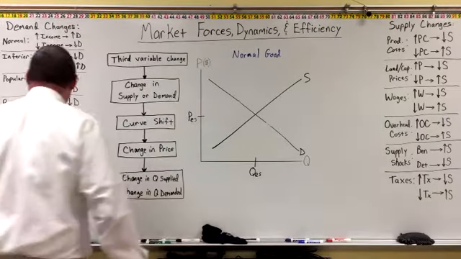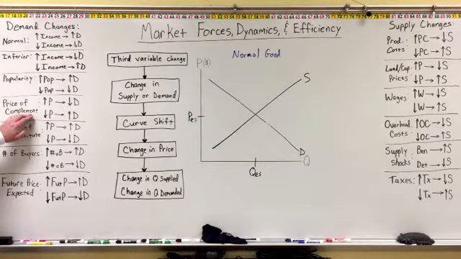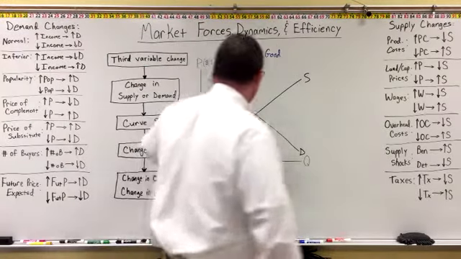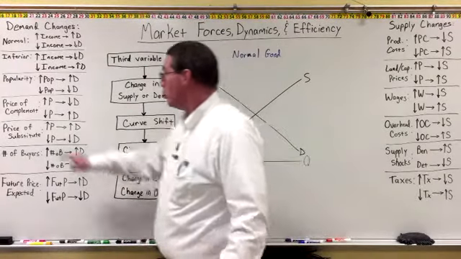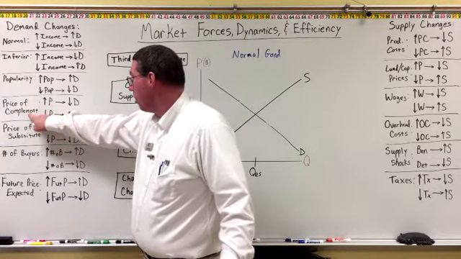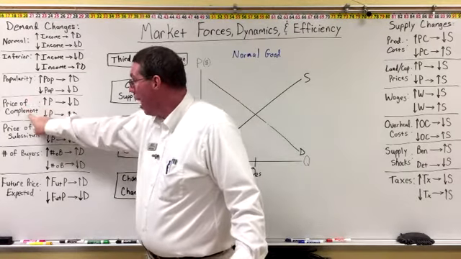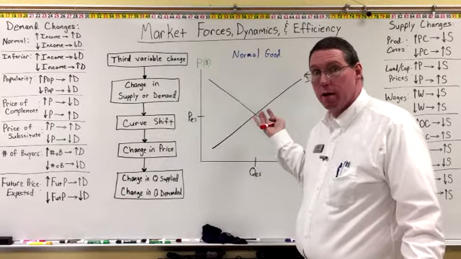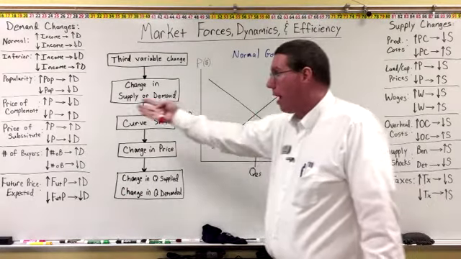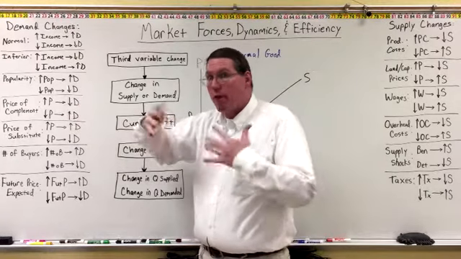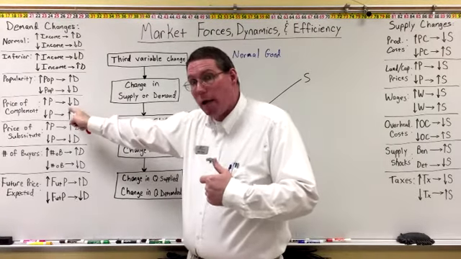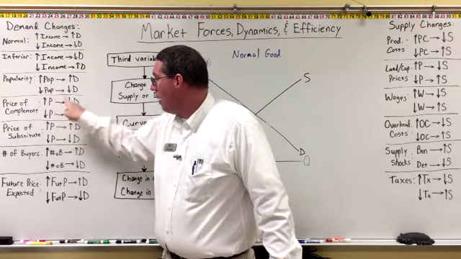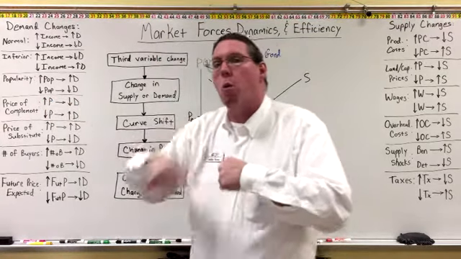Basically, the idea is this: if the price of something that goes with this good increases, now I don't want to buy the complement anymore because its price went up. And if I'm not buying the complement, I also don't want to buy this product anymore either. I don't want to have a whole bunch of peanut butter without having a bunch of jelly. And because they go together, if the price goes up on jelly, I'm going to decrease my quantity demanded.